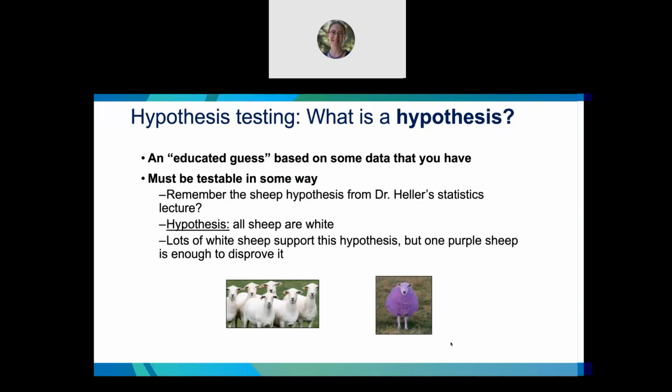So that's how hypotheses work. You can have lots and lots of data that support your hypothesis, but if you get some data to disprove it, that's actually more useful than data that support the hypothesis. So we're going to talk in a minute about whether or not it's ever possible to actually prove that a hypothesis is true.